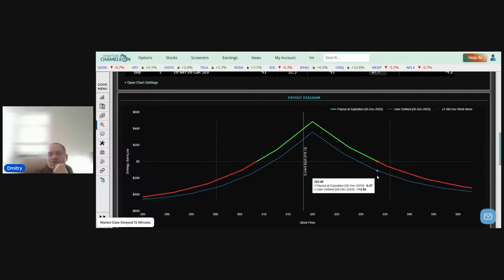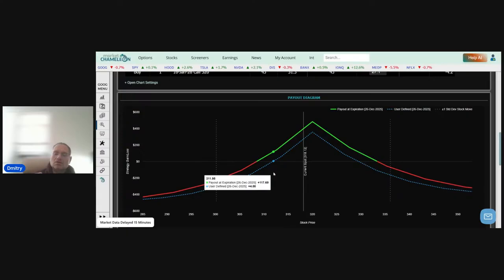So if I hovered there at 330, 340, that was our break-even. If the implied vol does come in like we did it, now it would be a $112 loss. That means our break-even point is closer to like 329. Same thing on this side.